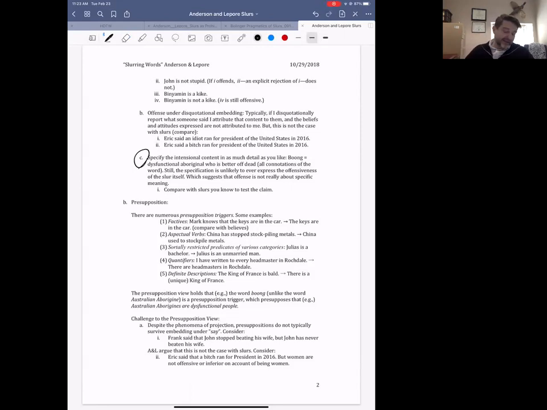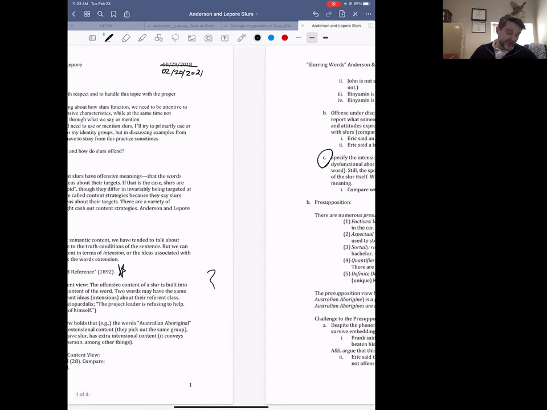So as opposed to saying that person's a boon, I might say that person is a dysfunctional Aboriginal who is better off dead. I might lay that out specifically, but still it doesn't seem as offensive as using the slur word, which suggests it's not really these ideas, these connotations carried along with the word, that are doing the work.